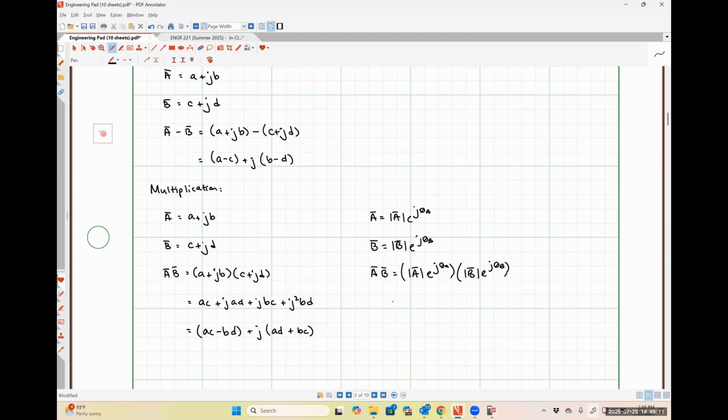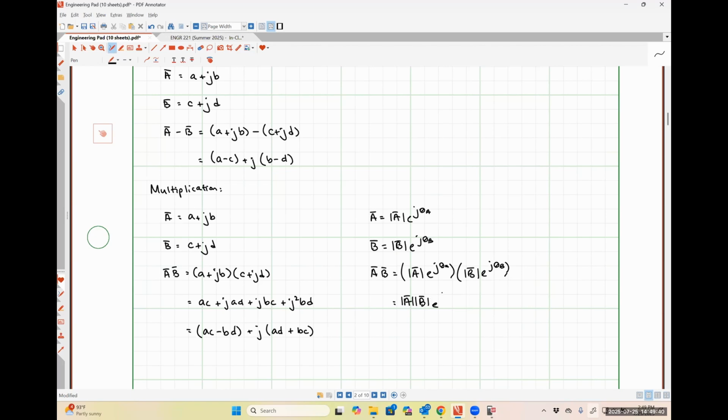Well, my magnitudes are going to multiply, so I'll have magnitude of A multiplied by magnitude of B. What's e to the j theta A times e to the j theta B? So what happens when I multiply two exponential functions? Joseph's exactly right. The arguments of the exponential functions add.